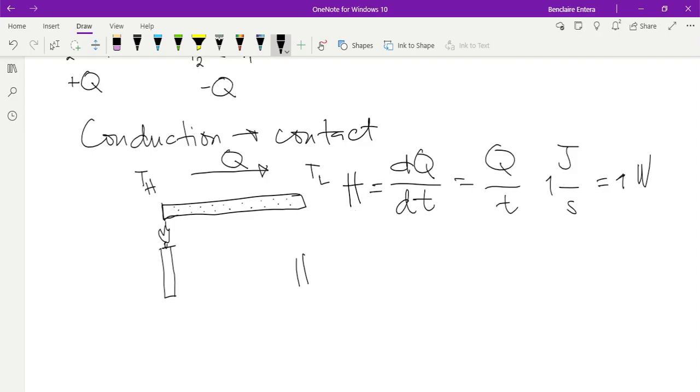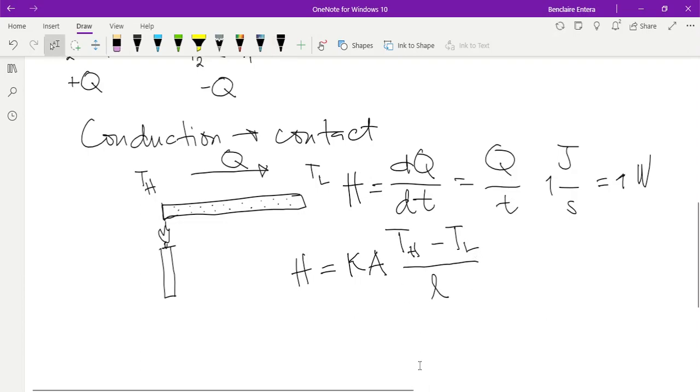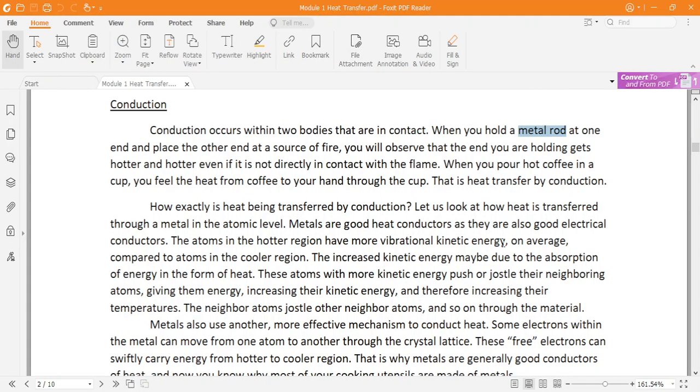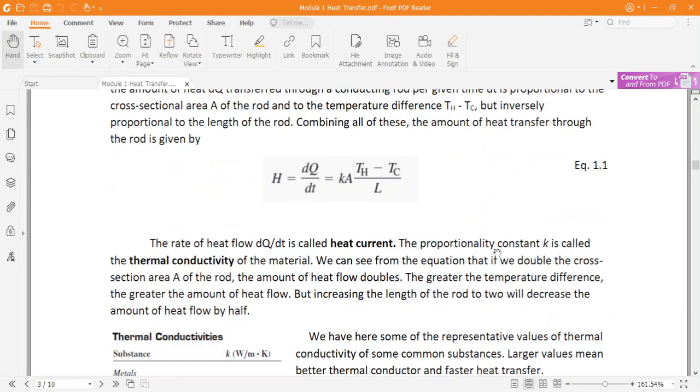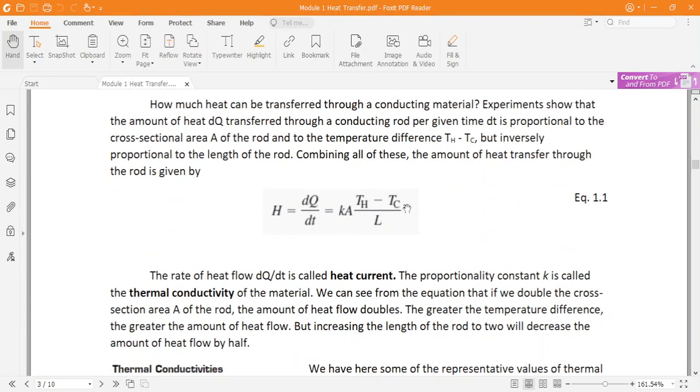So we have the equation H equals K, the thermal conductivity of the object, times the cross-sectional area, times the difference in temperature, TH minus TL, over the length. Anong ginamit natin sa module natin, because you might be confused with the L here. We are using TH and TC.